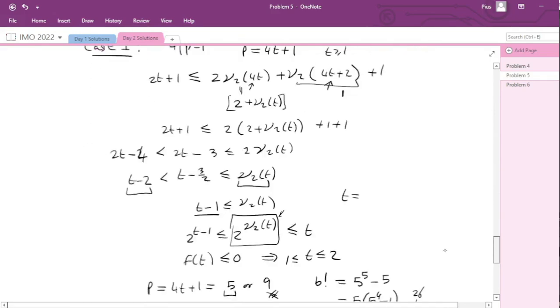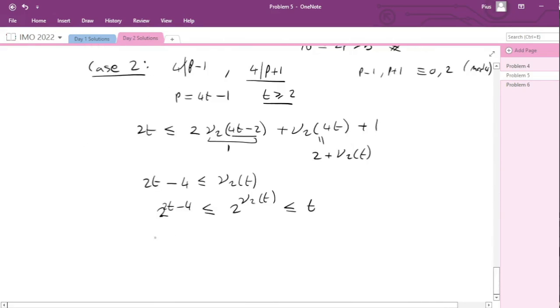Okay, so we're going to take a new g, and we'll just quickly prove what we need. So now we'll consider g of t as a function to be this minus t. We check that g of 3 is positive: g of 3 is going to be equal to 2 raised to power 2 minus 3, which is 1.